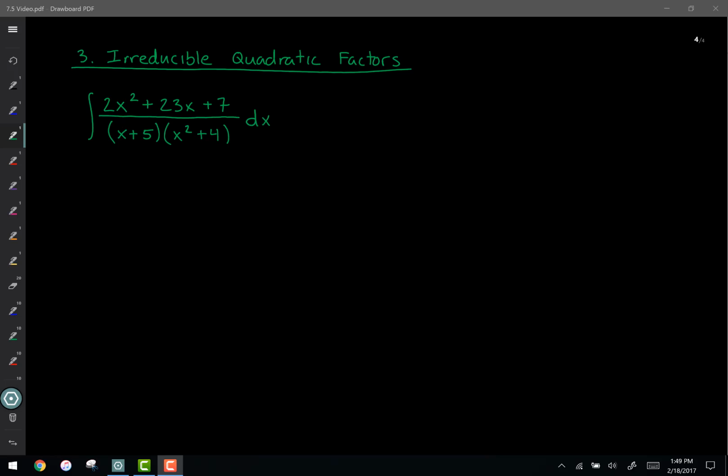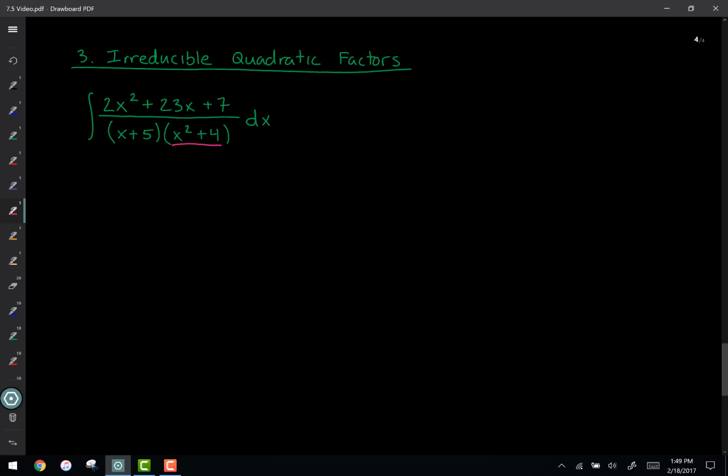All right, so the last case we're going to look at, and as you'll see after we do this example, this is enough algebra. If we did the other one, which is the repeated quadratic factors, it's a nightmare. So let's take a look at this monstrosity. We have this gigantic integral of a rational function that we want to do. What we mean by irreducible quadratic factors is this guy right here.